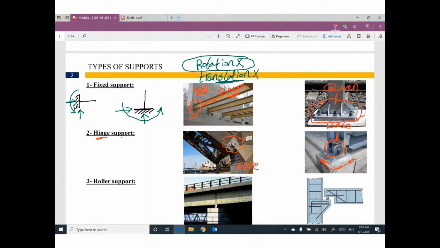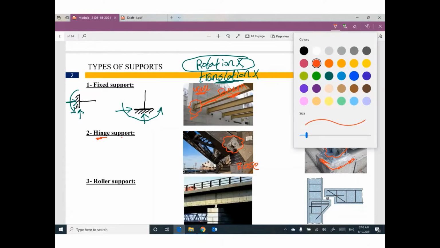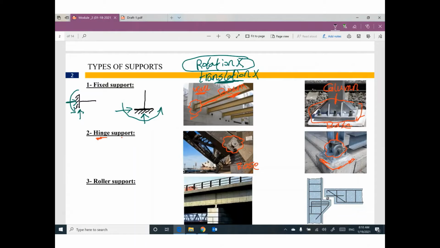So hinge will allow for rotation. So we don't have moment as a reaction. Hinge support looks like this. If you have a beam, the hinge support looks like this. If you have a column, this hinge support looks like this.